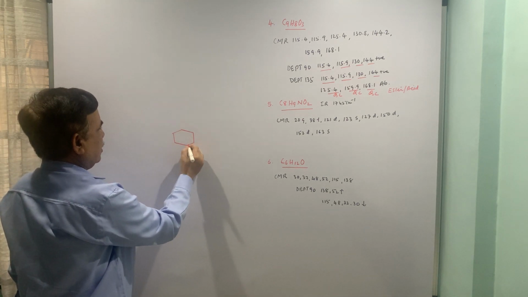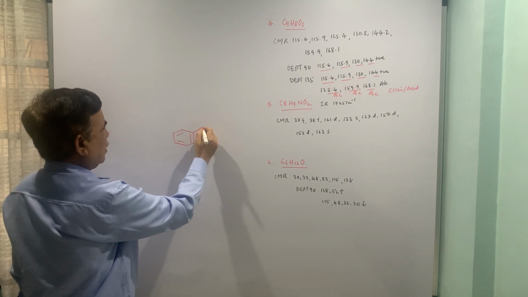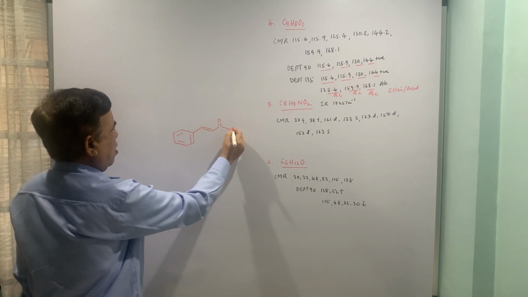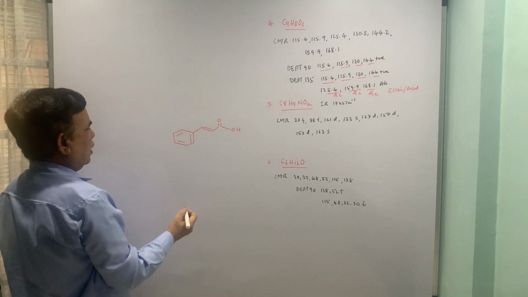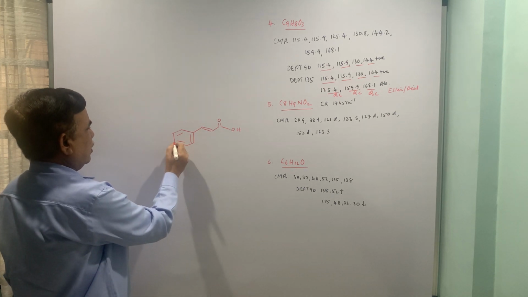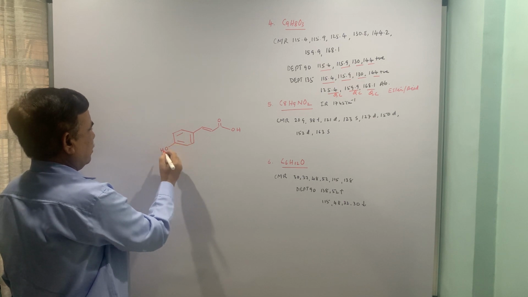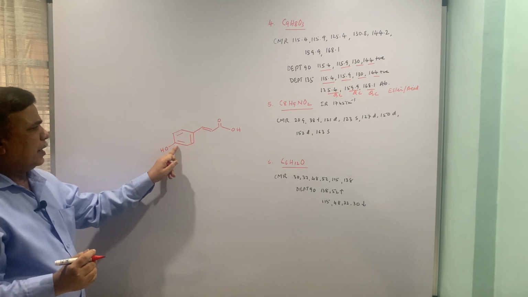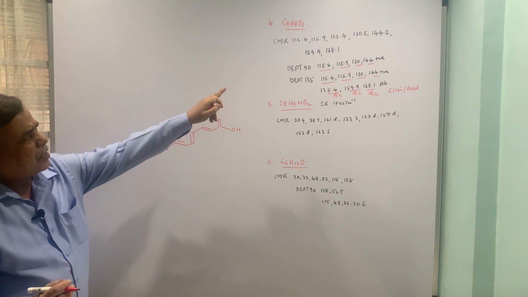I will just put the acid, and we can think of OH here, so that you can have 2 sets of carbon here, 2, 3, 4, 5, 6, 7. 7 carbons are seen.